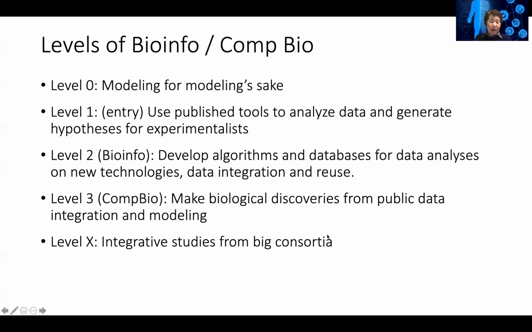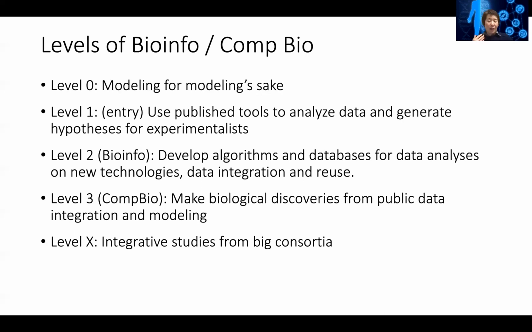Over the last 20 years, because of technology development, there are also many consortia from the US and other countries where a group of scientists will form a team. They might be coming from different institutions and they would work on a big project together. For example, generating the expression data for thousands of tumors, or in the brain, looking at the expression of all the different cells, or looking at the epigenetics of many different cell lines together.